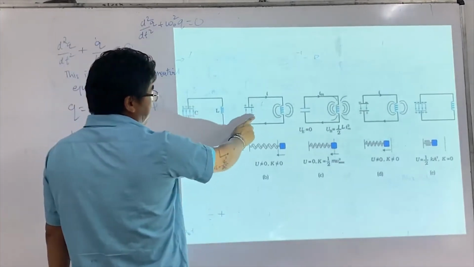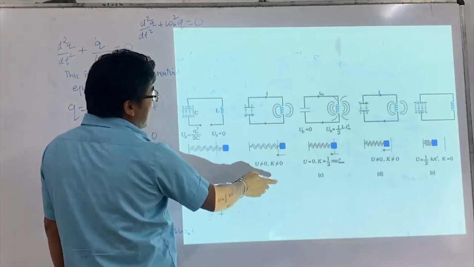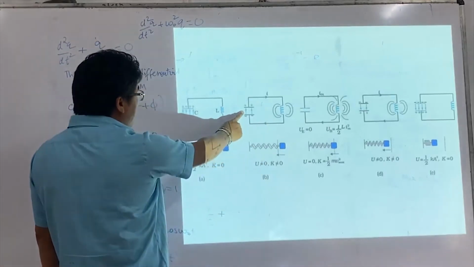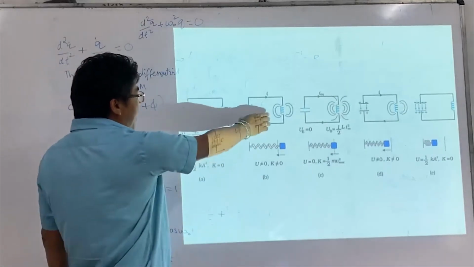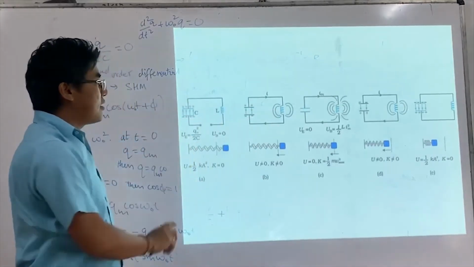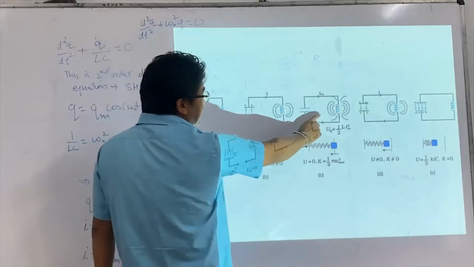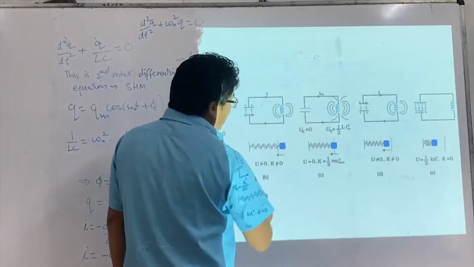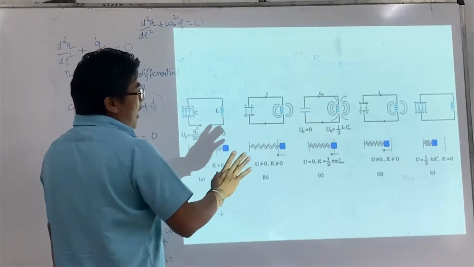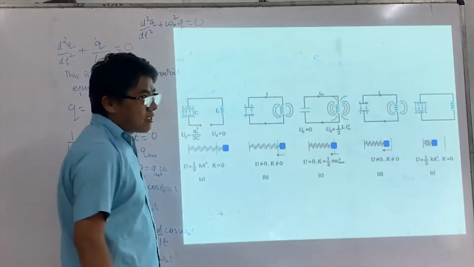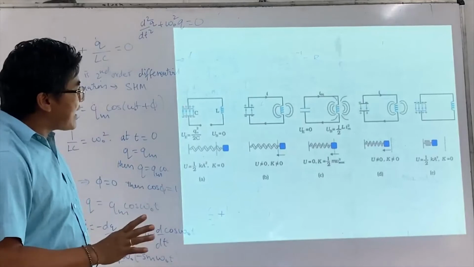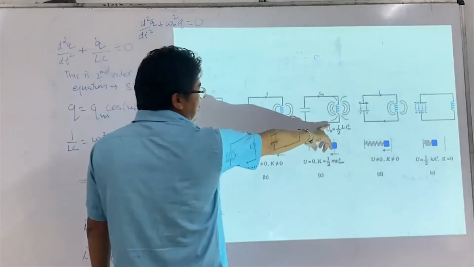Next, at any instant of time t, it has some magnetic energy and some electrical energy, and if I add up both, this is our total energy. Now here, charge in a capacitor is going to be 0, and there will be only current. So it is the maximum magnetic energy, and the total energy is equal to magnetic energy.